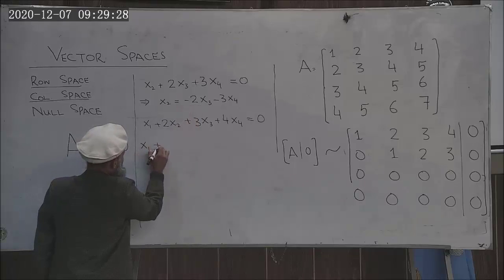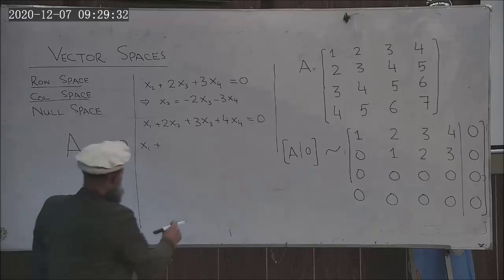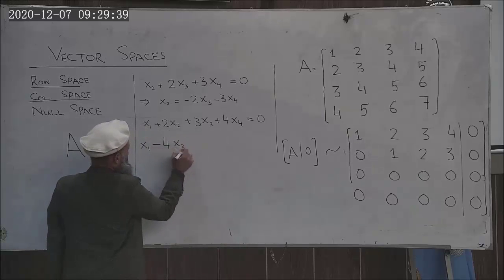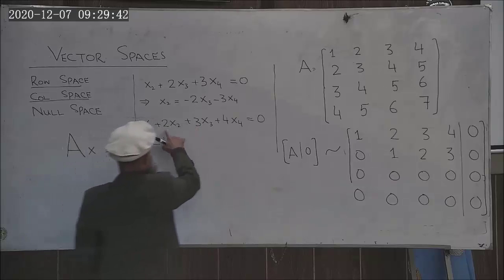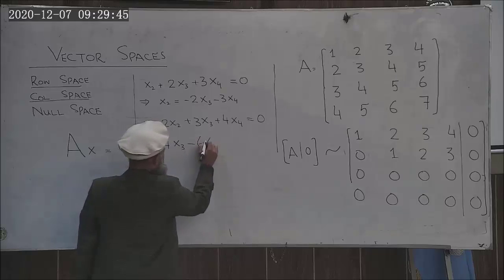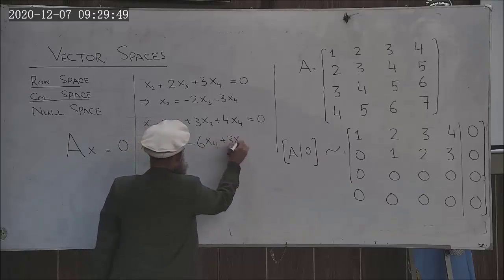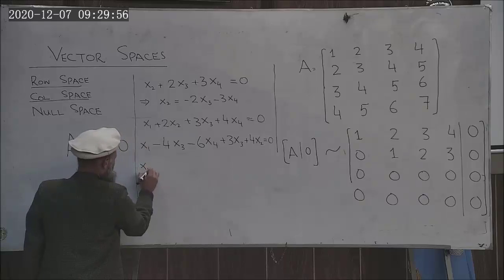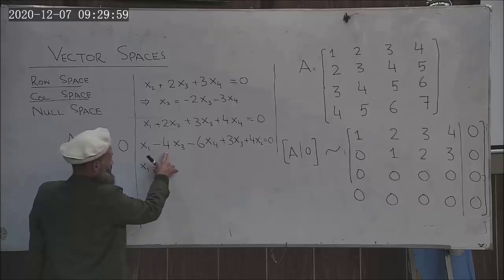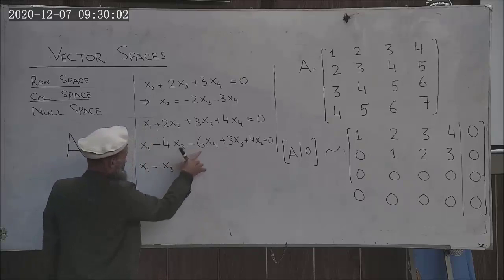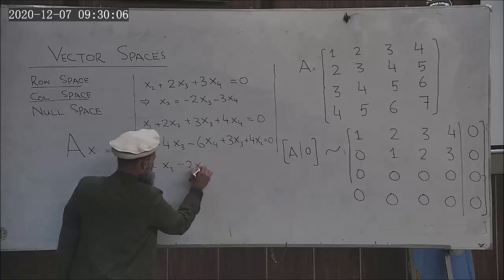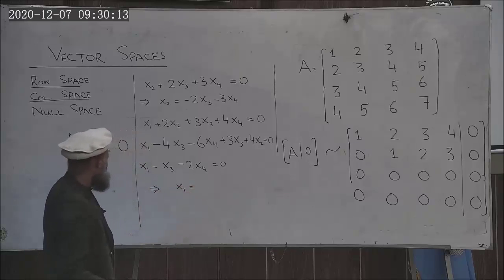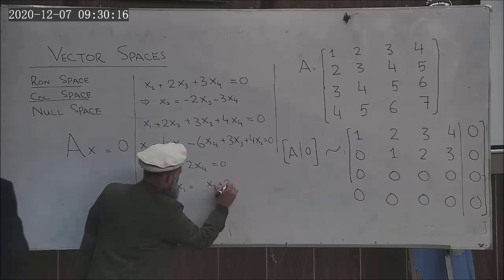So x1 plus what do we get over here? Minus 4x3 and minus 6x4 plus 3x3 plus 4x4, that is equal to 0, which implies that x1 minus x3 minus 2x4 is equal to 0, which implies that x1 is equal to x3 plus 2x4.